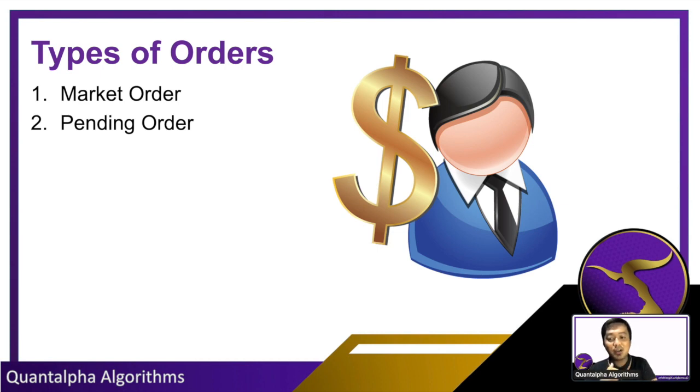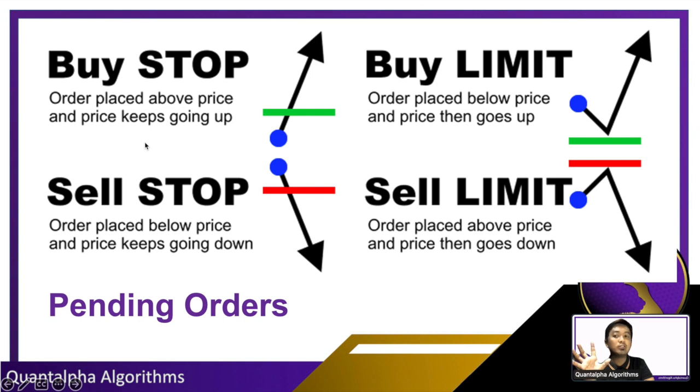That is the market order. And another one is the pending order. When we say pending orders, we have 4 different types. Some other brokers have 6, but since this is a general overview of the fundamentals of the forex market, I'm going to discuss only the four: the buy stop, the buy limit, the sell stop, and the sell limit.